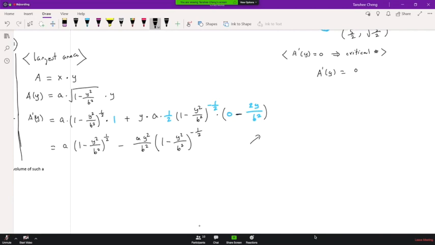So which is: a times 1 minus y squared over b squared to the 1/2 power, minus a y squared over b squared times 1 minus y squared over b squared to the negative 1/2, which is equal to 0. Okay with this?